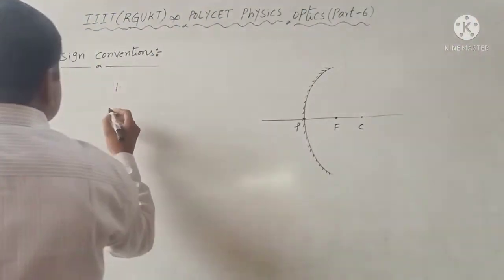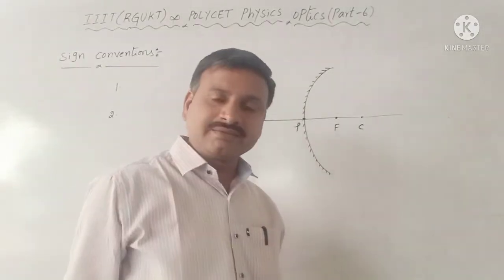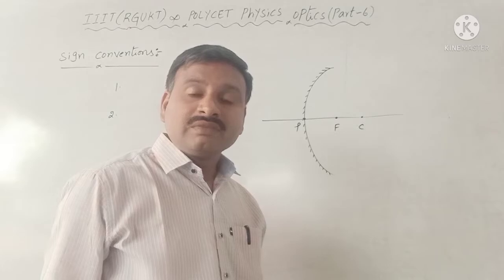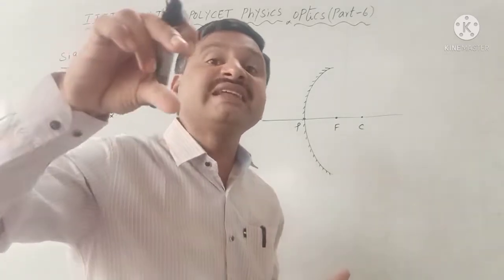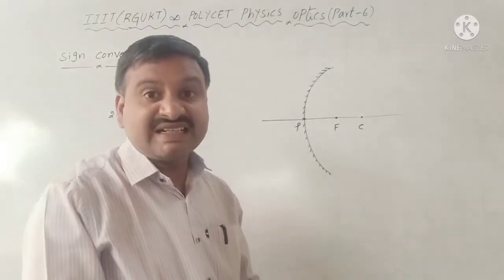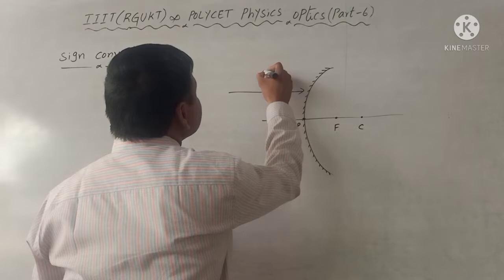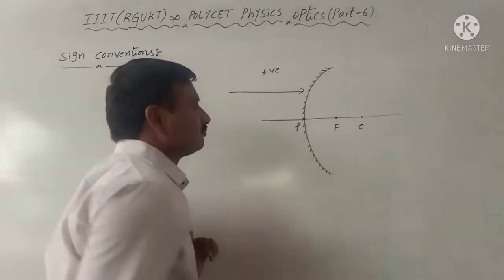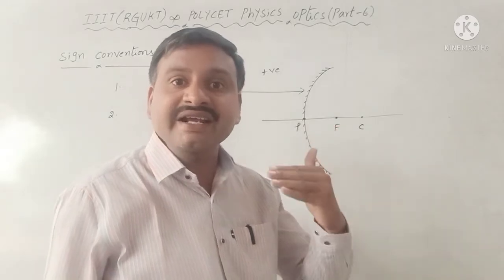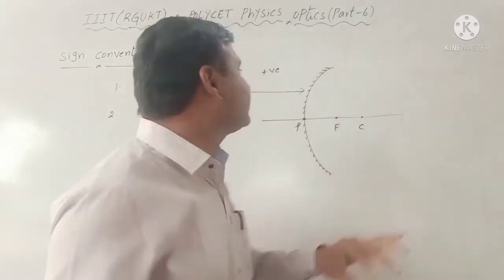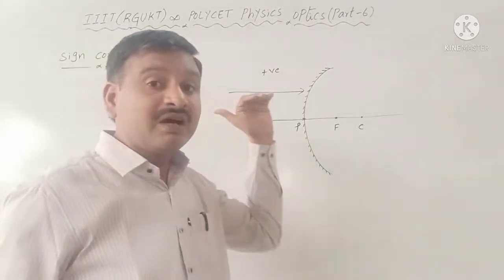After that, the second one is the distance measured in the direction of the incident light ray.